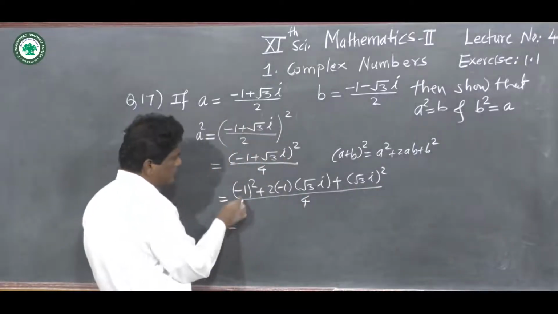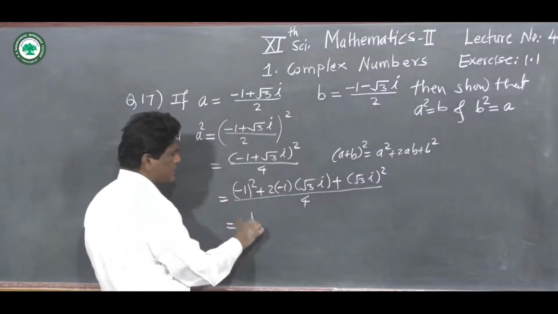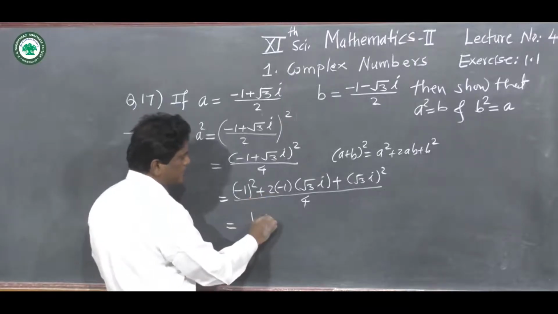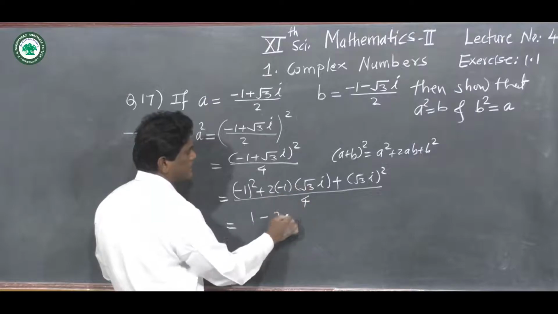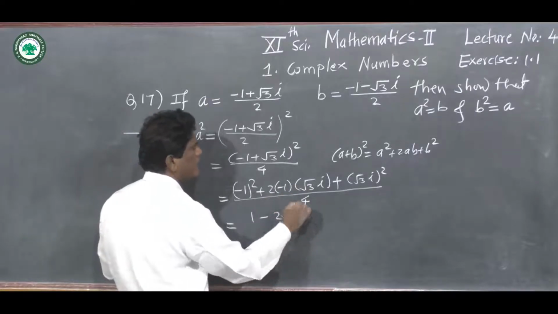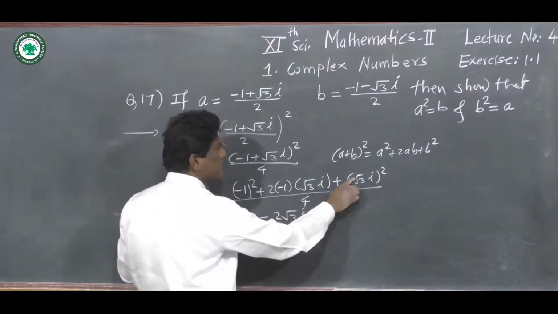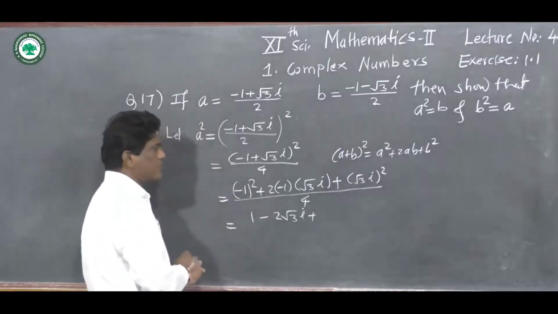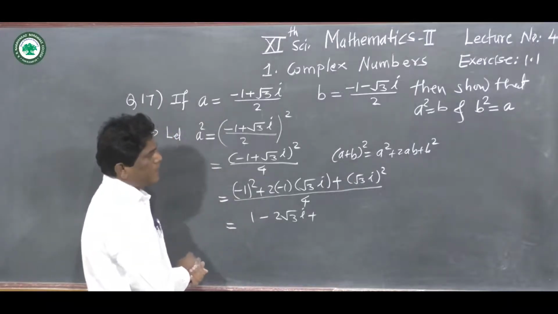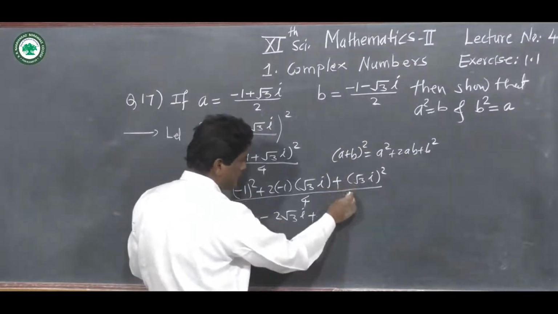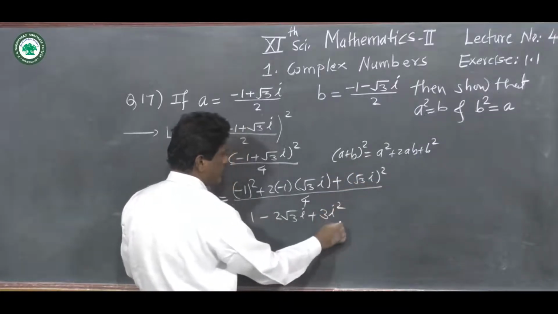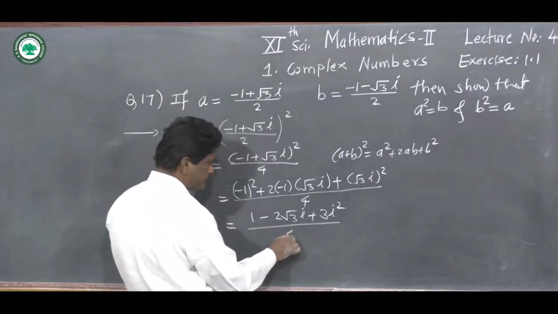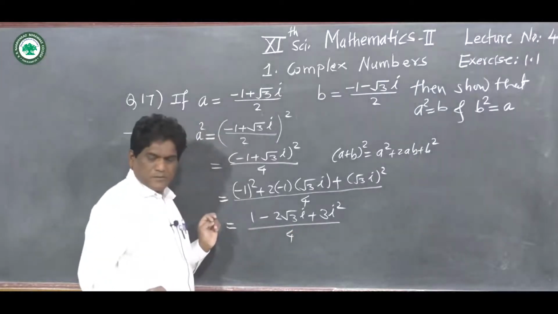So minus 1 square is plus 1, plus minus becomes minus 2 into 1, that is 2, and this root 3 into i, plus root 3 square, that is 3, and i square, divided by 4.